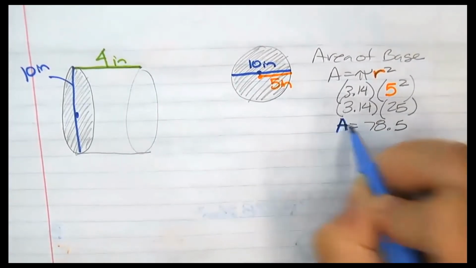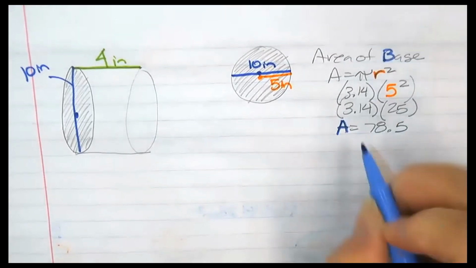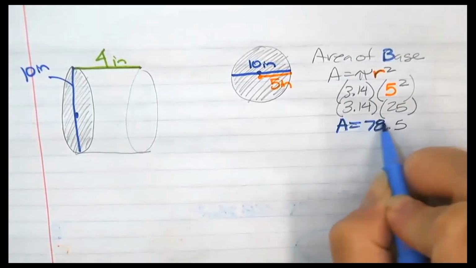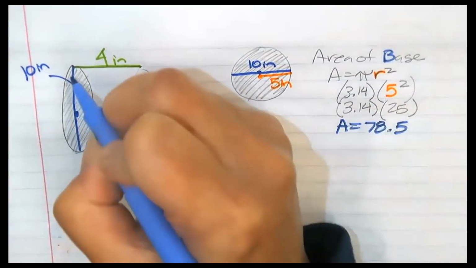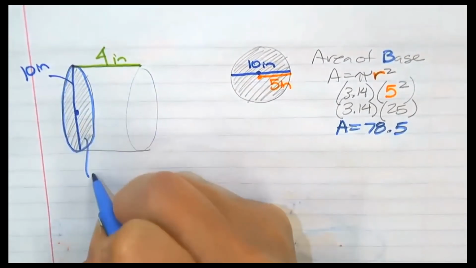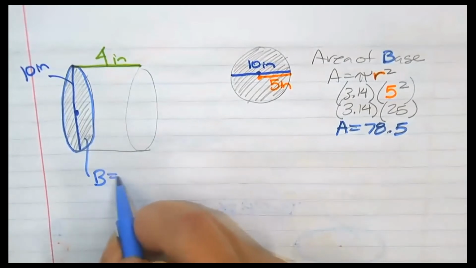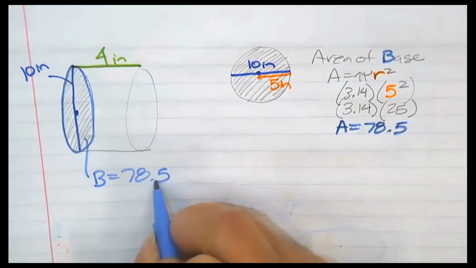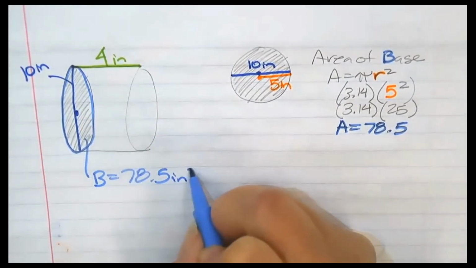So the area of the base is equal to 78.5. So this area right here is our base, and it's equal to 78.5 inches squared.